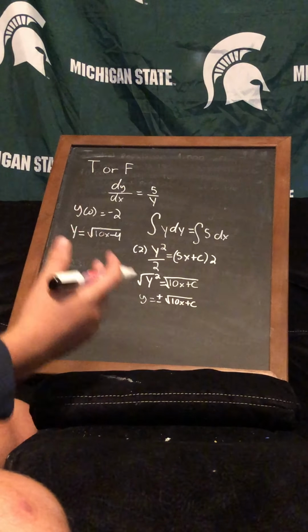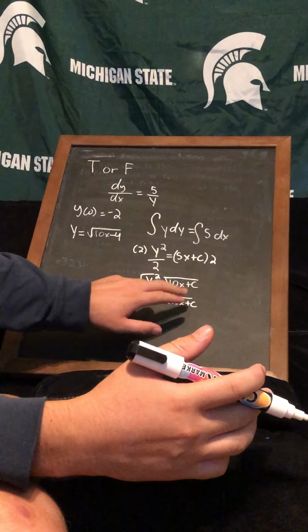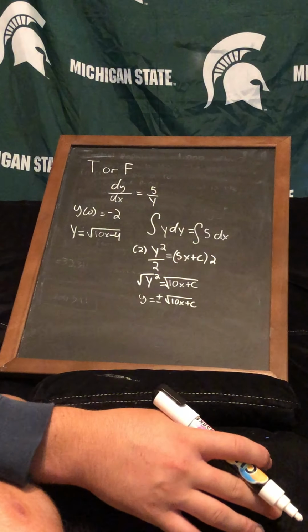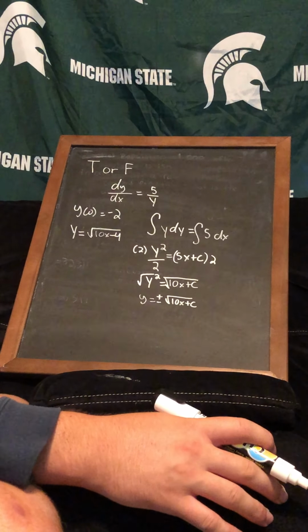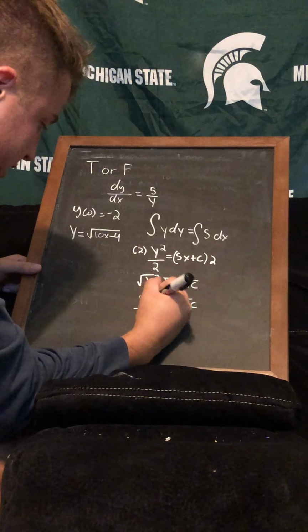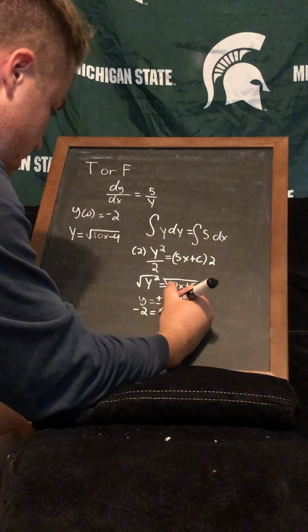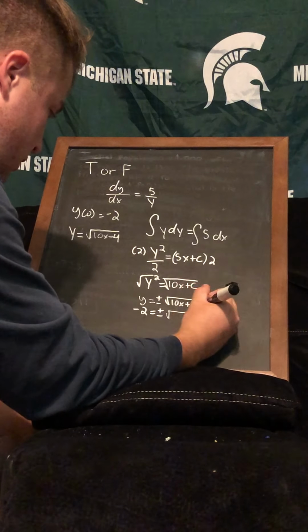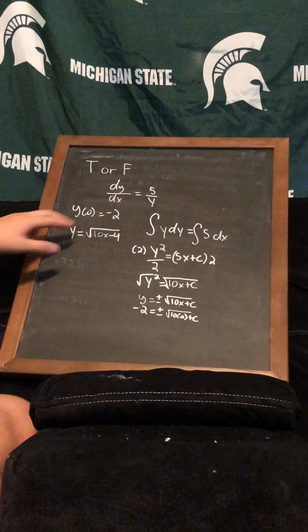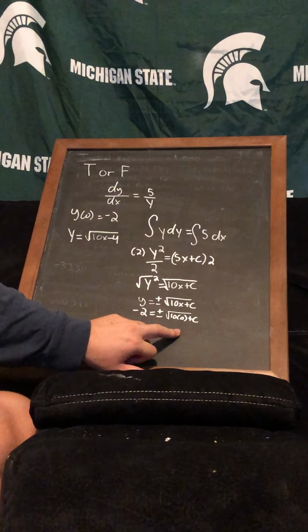So from here, you want to use the initial values to plug in for y and x. And because here you will have a negative, y is going to be negative 2. Okay, you're going to get negative 2 equals plus minus square root of 10 times 0 plus c, right? 0 here, that's the x value, so it's going to go in there, okay?